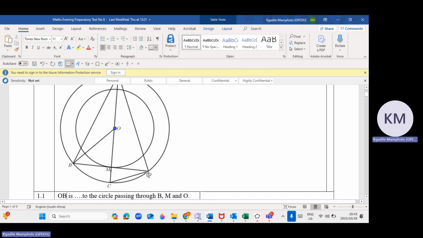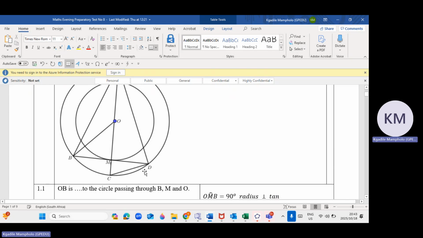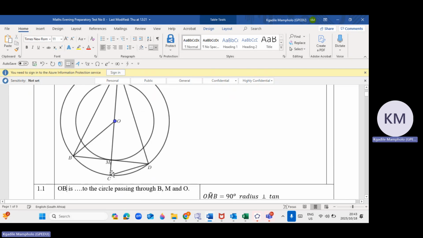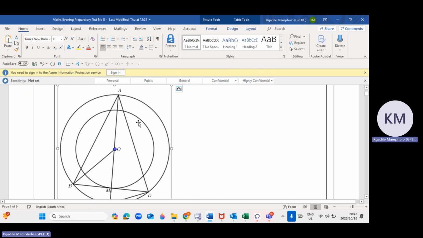And again, you come and say angle C equals angle A. Remember, the whole of this angle is 90 degrees. In this case, you'll find that angle C equals angle A. So you'll prove that the two triangles are similar.